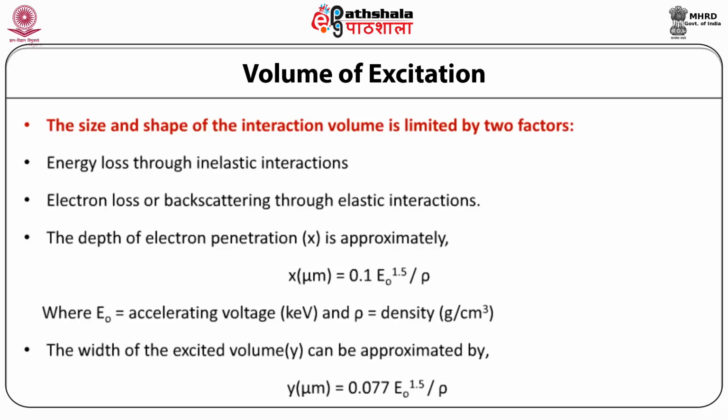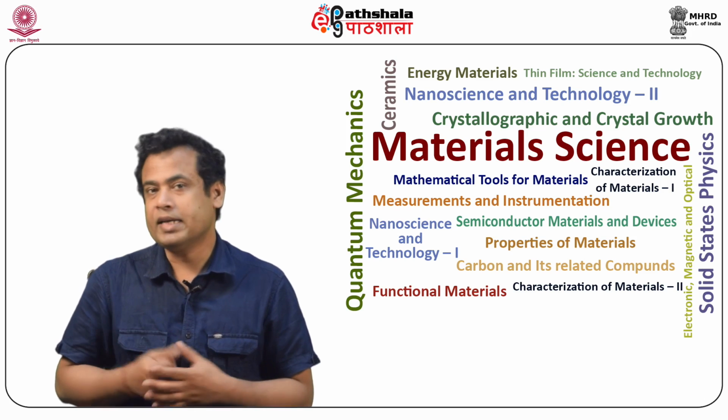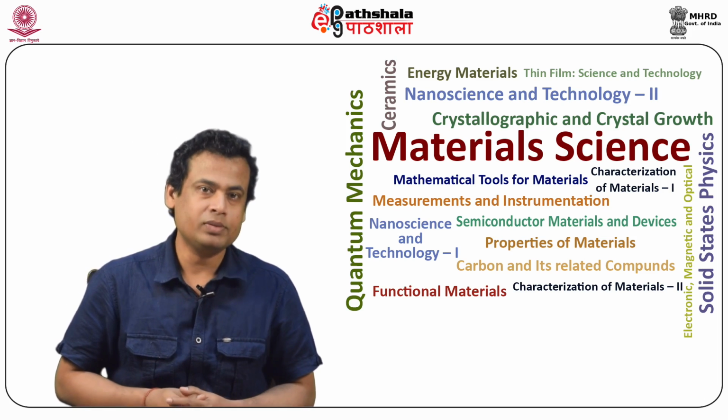And the third factor influencing the interaction volume is the tilt. As the angle of tilt of the specimen surface increases, the interaction volume becomes smaller and asymmetric. So, students, let us summarize what we have learned in this module.